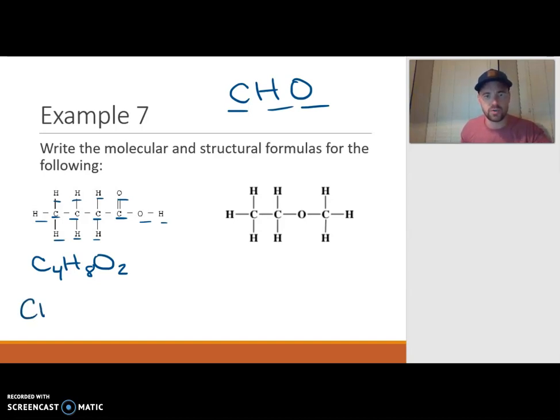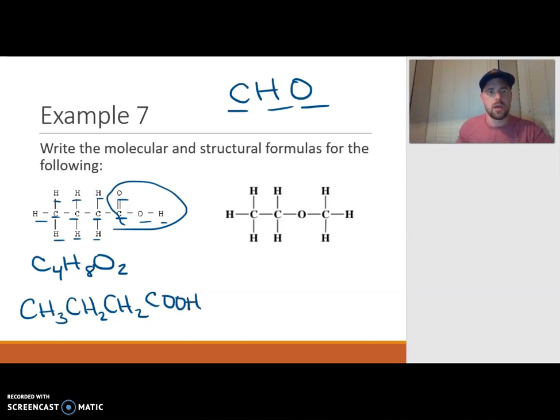First, we have a CH3, followed by a CH2, followed by another CH2, and then this last part here would be written as C, O, O, and then H. When I look at this structural formula, COOH is actually a carboxylic acid. Once again, when it's written in this structural form, you can easily see those things.